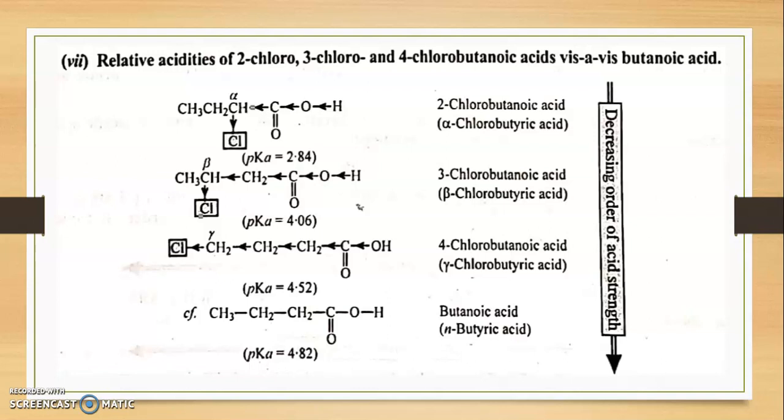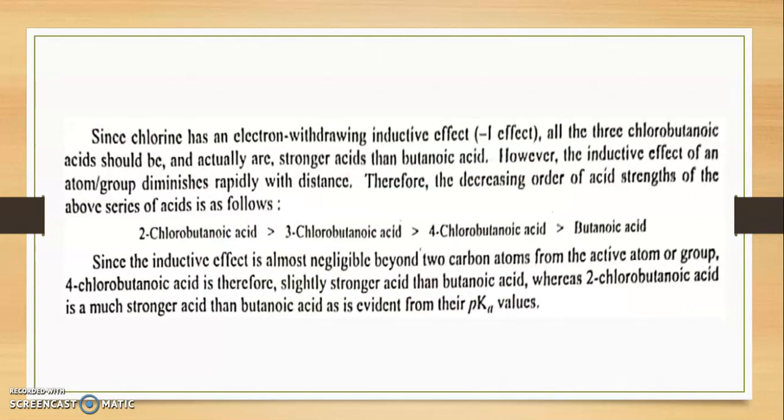From this, the pK values of all the acids show that the chlorine substituted near the COOH group gives a stronger acid than the chlorine at the beta position, and then the gamma. And this shows that the inductive effect decreases as the distance increases.